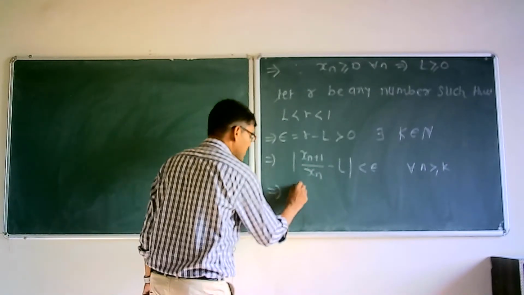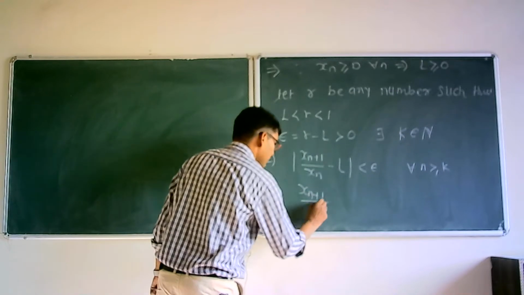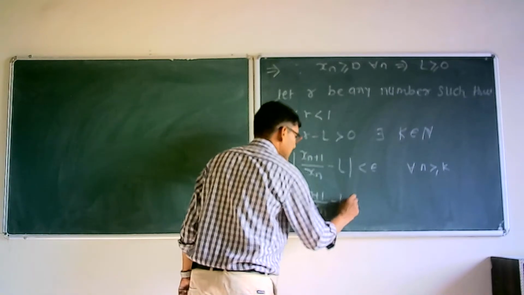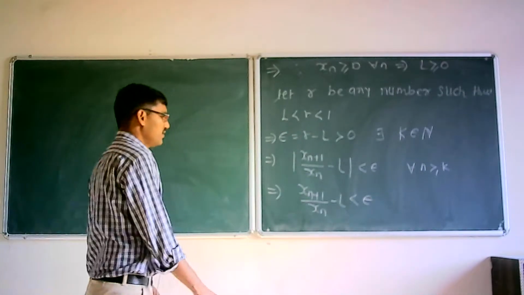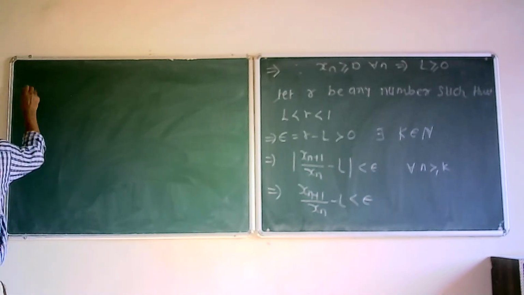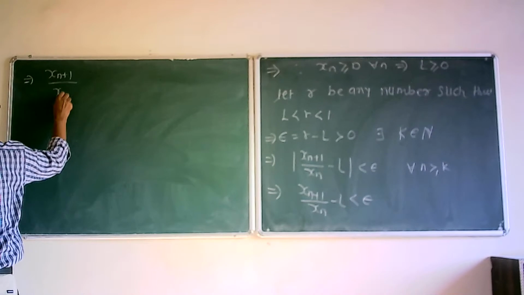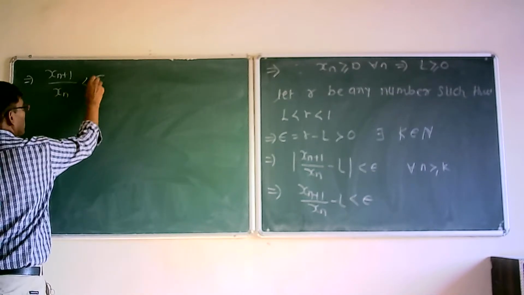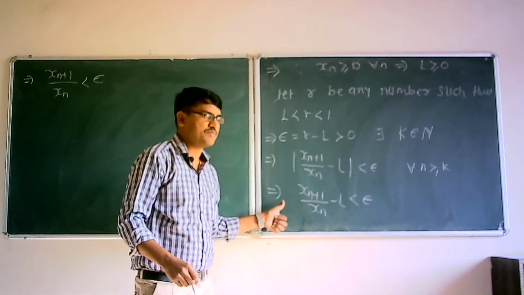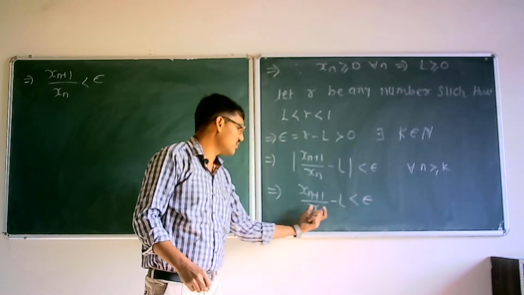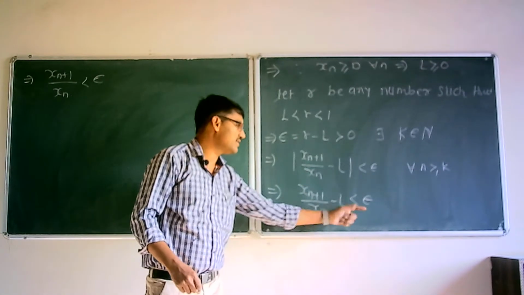So what this implies: xn plus 1 divided by xn minus L is less than epsilon. I am not writing minus epsilon here because we require just this term, that is xn plus 1 by xn minus L is less than epsilon.